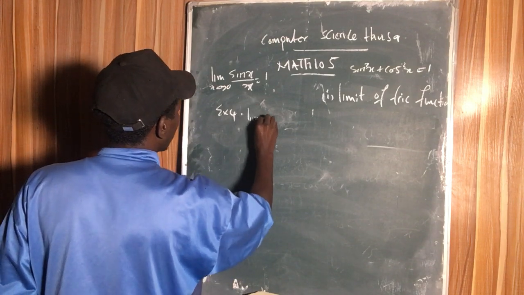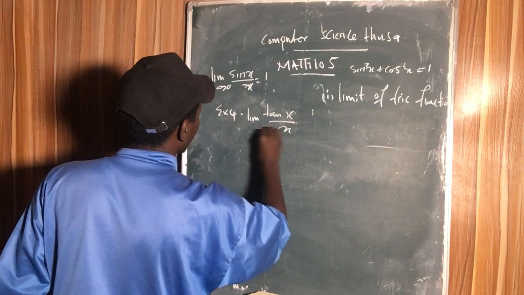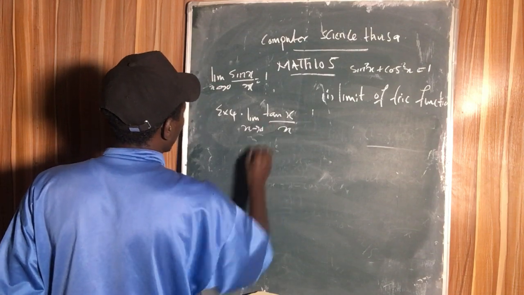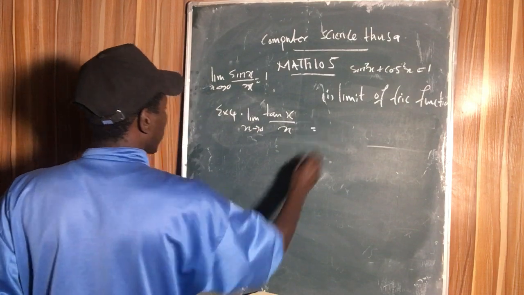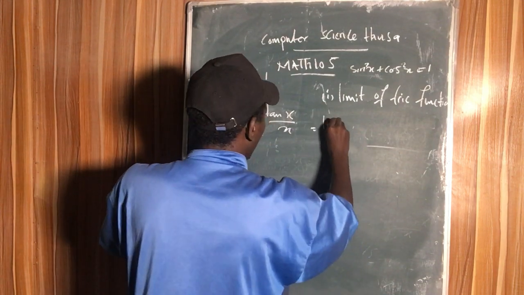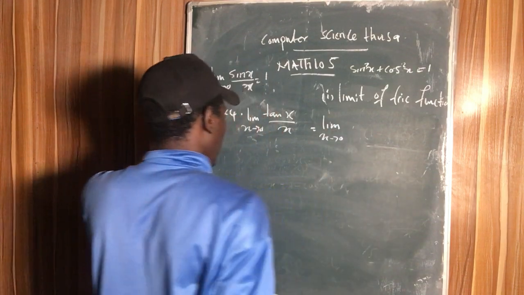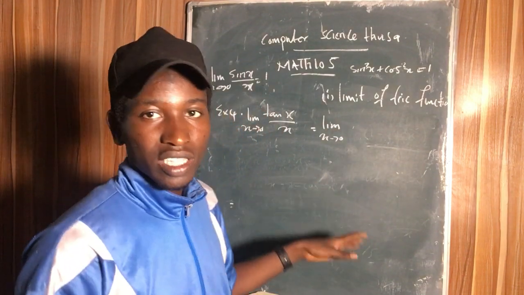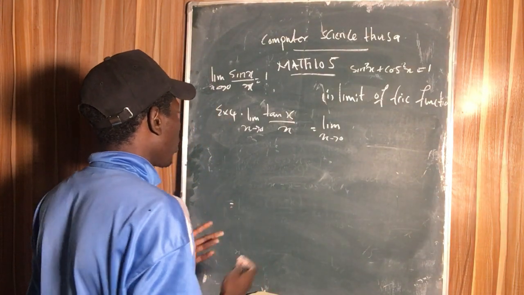We are going to find the limit of tan x all over x as x tends to 0, right? This limit is very simple. We already know that tan x is sin x all over cos x. So tan is sin all over cos.